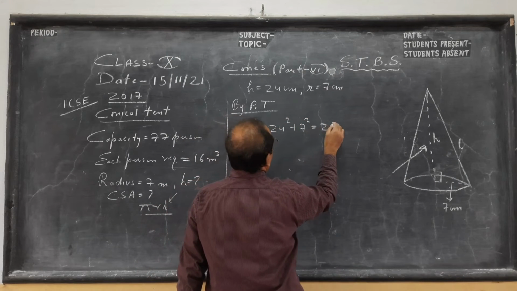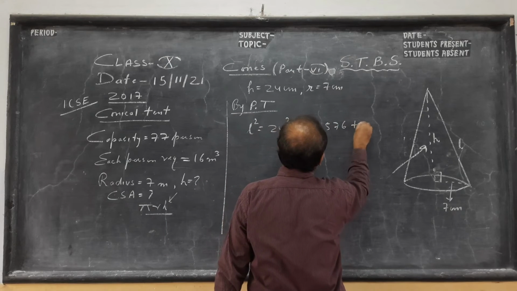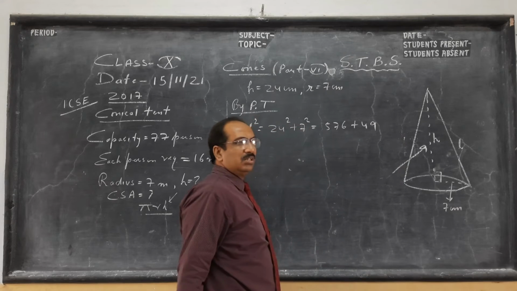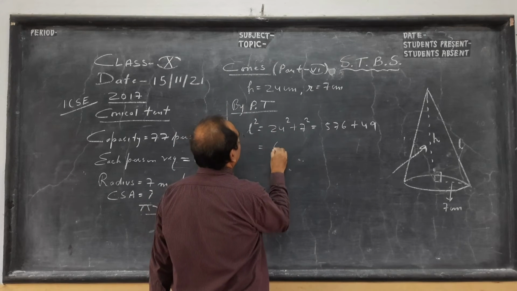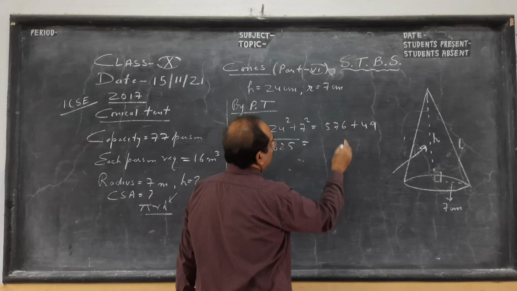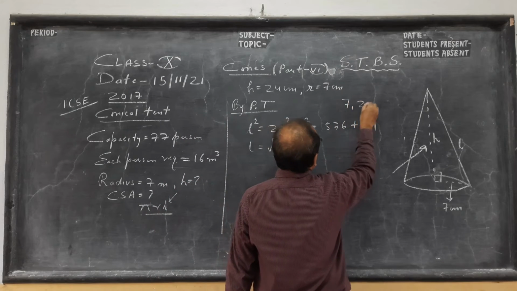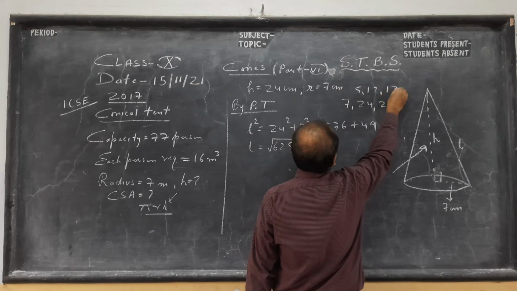This is what Pythagoras said. So we get 576 plus 49. This is a Pythagorean triplet, children. Class 9, see that video, Pythagoras theorem, second part. So slant height, this is the Pythagorean triplet called 7, 24, 25, like we have 5, 12, 13.